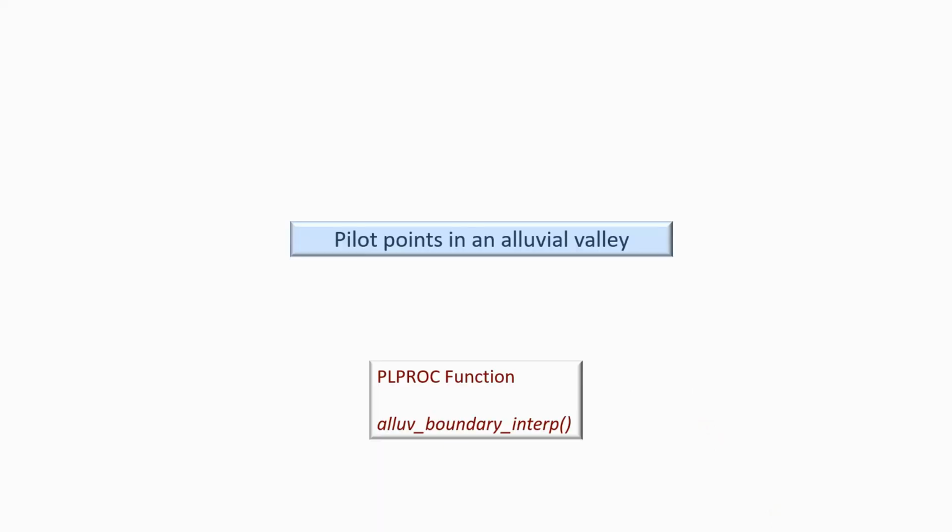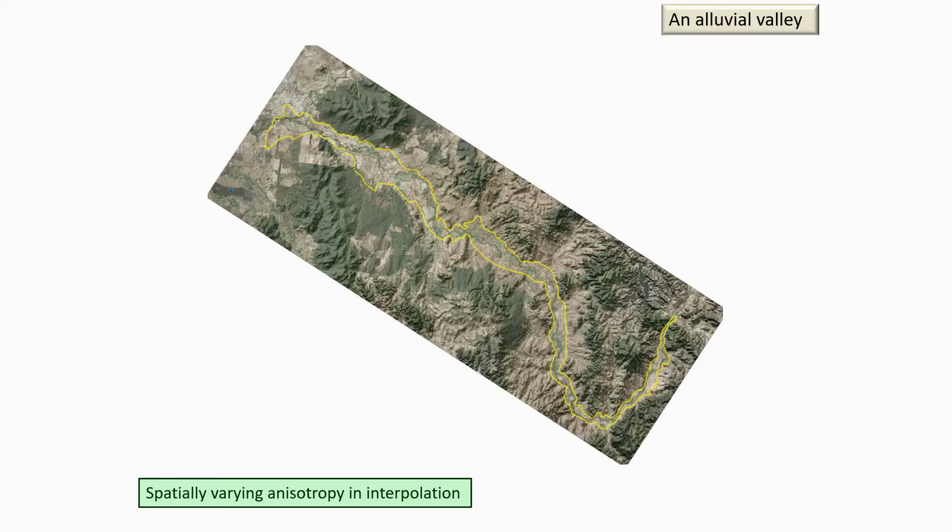This can be extended to even more complex situations. There's a function in PLPROC which allows us to accommodate alluvial valleys. Here's an example of an alluvial valley, and is typical of such valleys. They change their direction as we move down the valley. PLPROC allows the anisotropy of the interpolation to follow the valley.